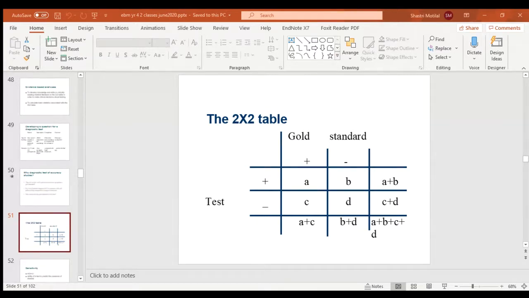If you notice, the gold standard at the top is either you have the condition here or you don't have the condition here. So if the gold standard says you're positive, then all these people here are positive. So A plus C refers to all the people who have the disease, not just A. Even people in C have the disease.